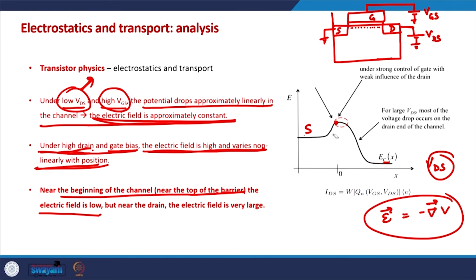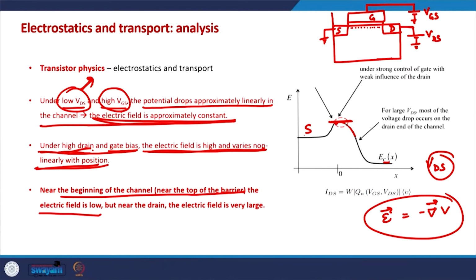So, the gradient of the band at the top of the barrier is almost 0 or extremely low. Just at the top of the barrier the gradient is 0. So, the electric field is almost 0 at the top of the barrier.